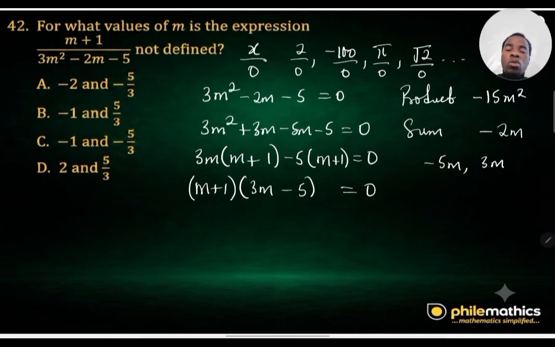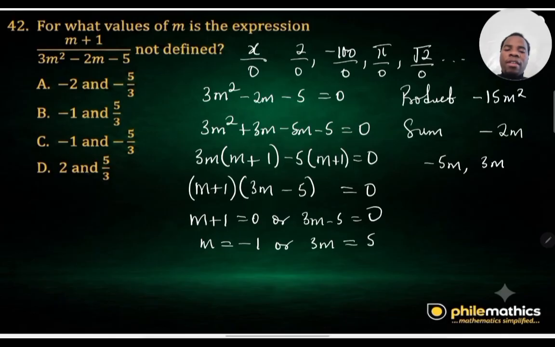For the product of two numbers to be 0, either the first is equal to 0 or the second is equal to 0. So we have m plus 1 equals 0, take 1 to the other side, m is minus 1, or 3m minus 5 equals 0, so 3m equals 5, so that m is 5 over 3.